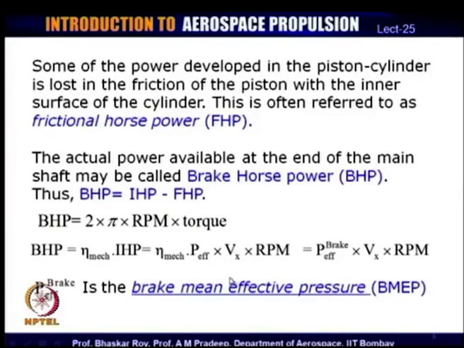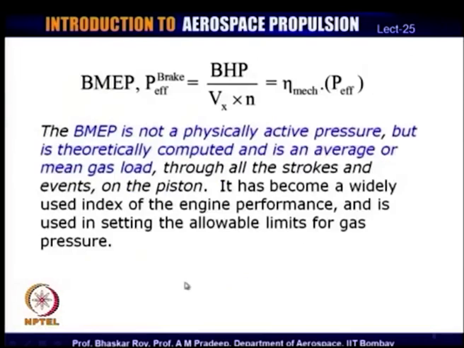The more useful mean effective pressure is the brake mean effective pressure, which is related to the final BHP that is being created through the piston cylinder arrangement, and this is why I said that this is some kind of an average pressure created by the theoreticians. It is not something that you can actually measure, and it is not the physically active pressure inside the cylinder.